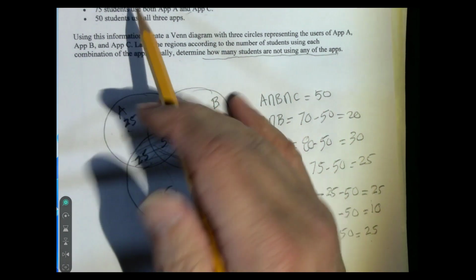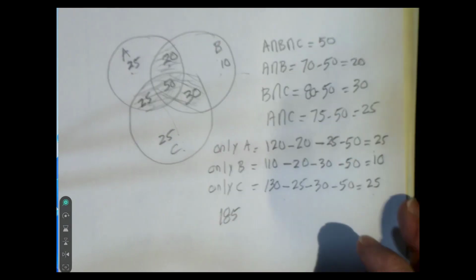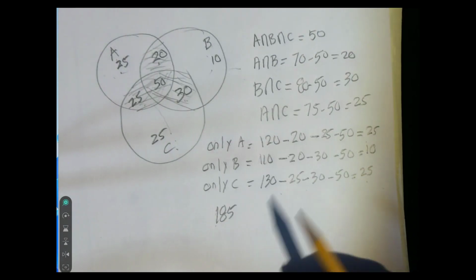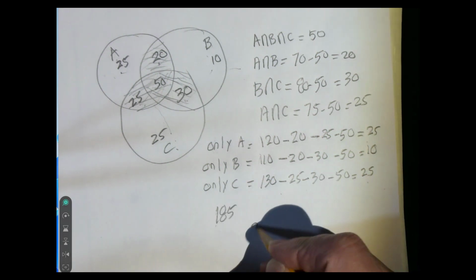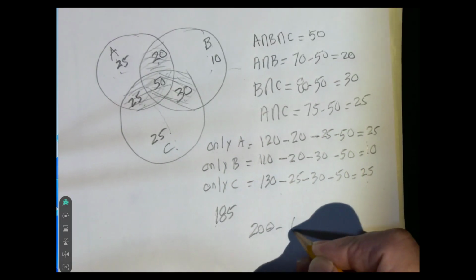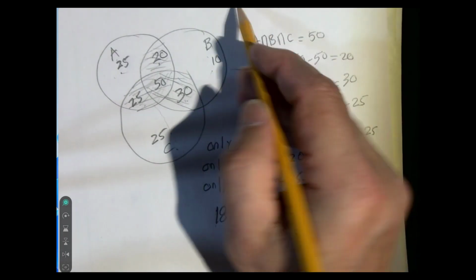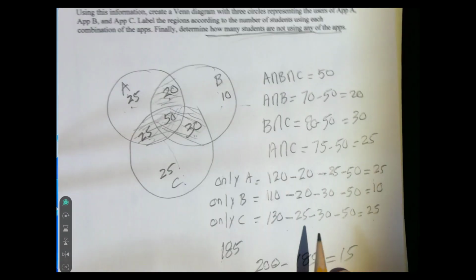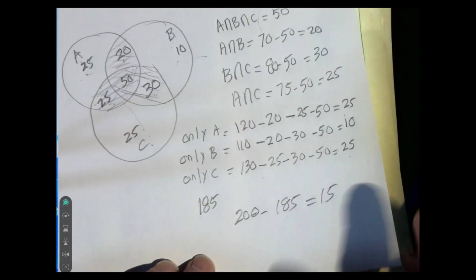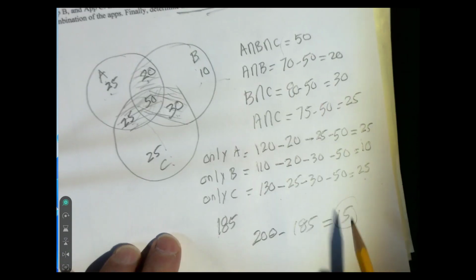Now, in the survey, they started with 200 students. And now we know the total users, 185. So the non-users will be 200 minus 185, and that's 15. And that's what we're asking for, the non-users.